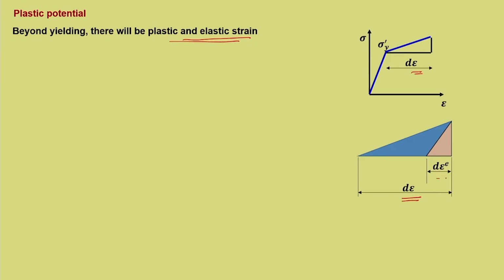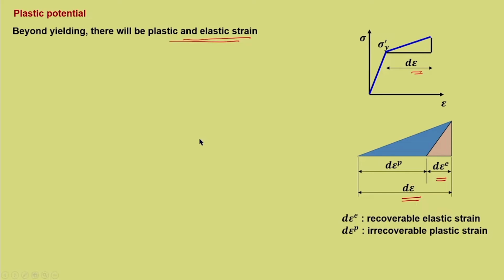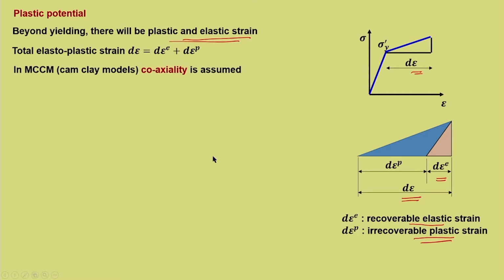This much portion is elastic strain and that is represented by d epsilon E, and the plastic strain is represented by d epsilon P. So, the total gives the d epsilon, which is the total strain. D epsilon E is the recoverable elastic strain, d epsilon P is the irrecoverable plastic strain, and the total elastoplastic strain is the summation of these two.